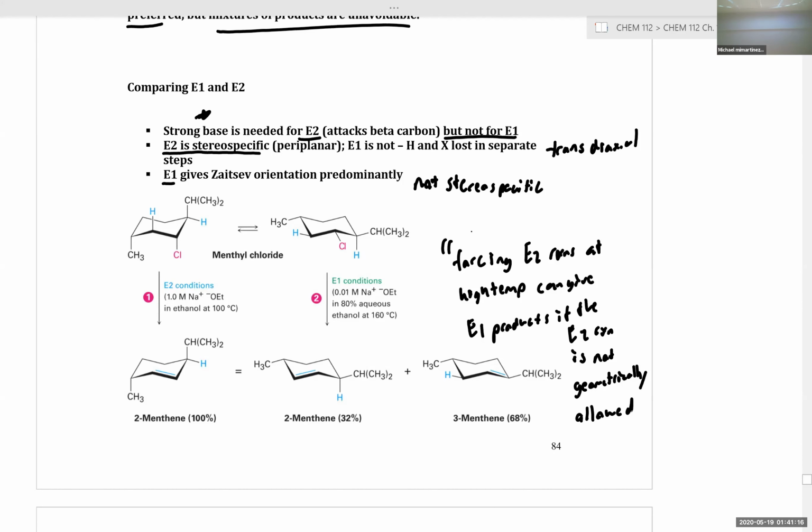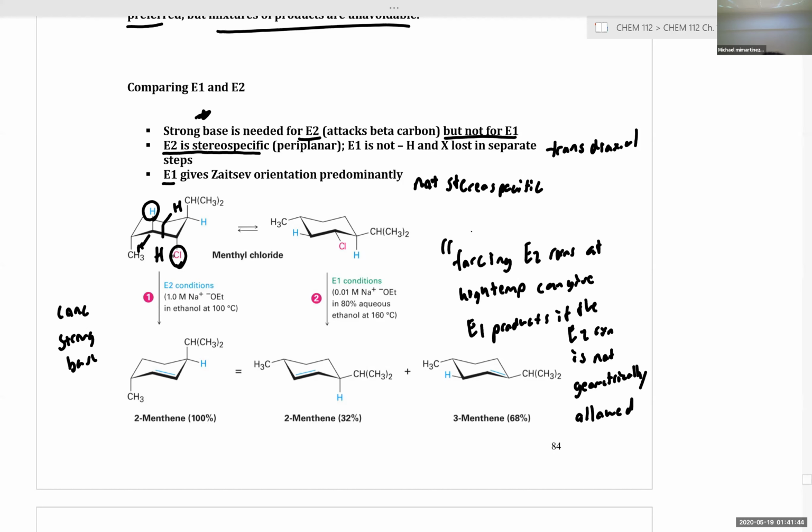So, what do I mean by that? So under E2 conditions, if you use a strong base and concentrated base, you observe elimination from the trans-diaxial conformation.